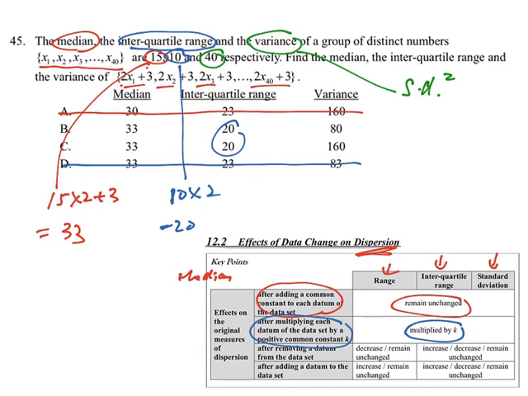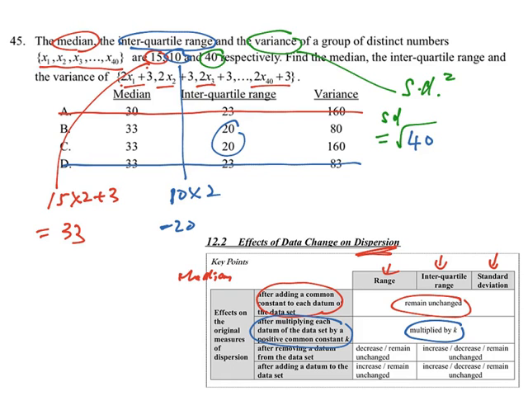So let's see the variance. We need to look at the SD. Actually 40 is the variance, so we take the square root and it becomes the SD. For adding something, no change.